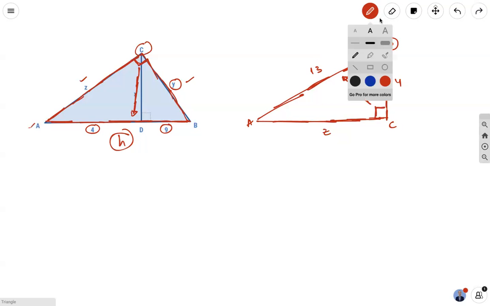I'm gonna use a different color. So now let's focus on the second triangle, which is the one that is already in the exact position we want that triangle to be. That means that this is our 90-degree angle.